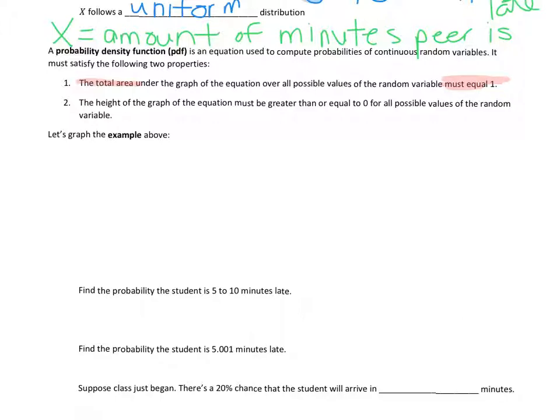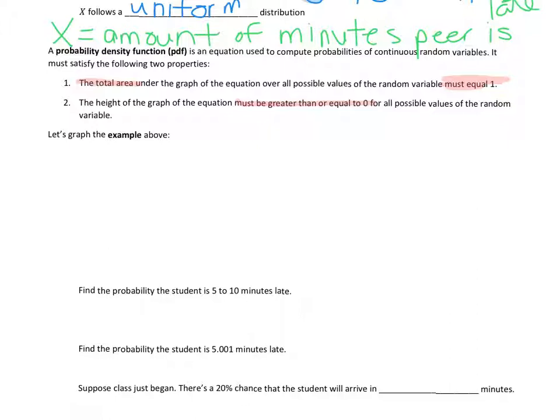And then the height of the graph has to be positive, so it has to be greater than or equal to 0 for all possible values of the random variable. So this is like our probability distributions: when we added up all the probabilities, it equaled 1, and all the probabilities have to be greater than or equal to 0.